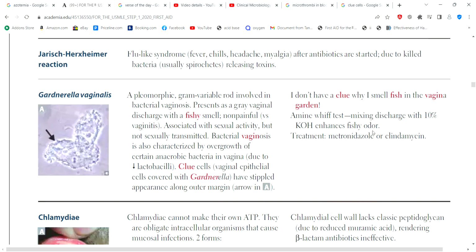The amine whiff test is mixing discharge with 10% KOH. It's potassium hydroxide.